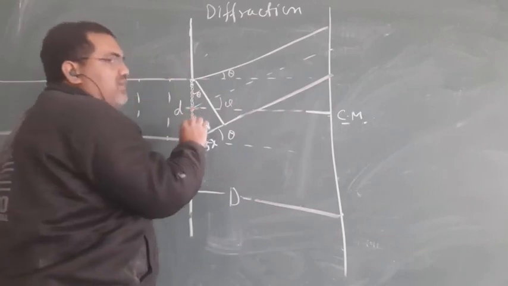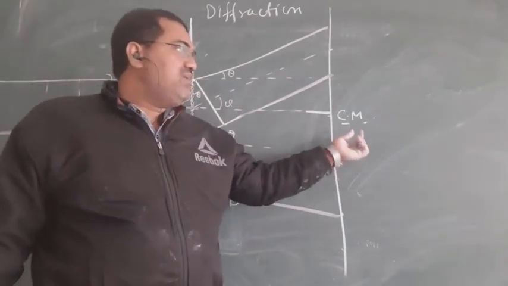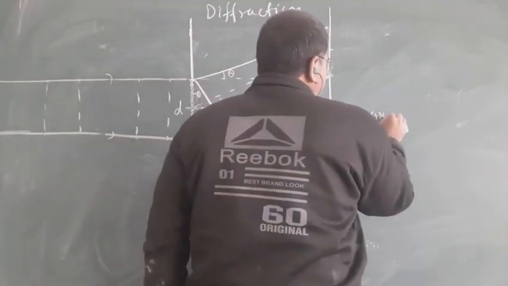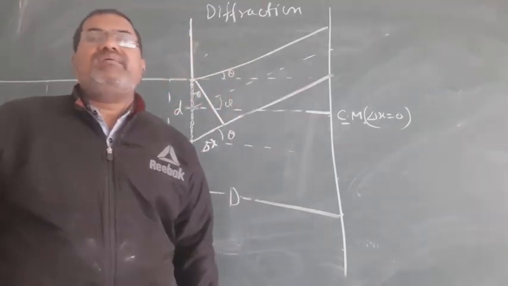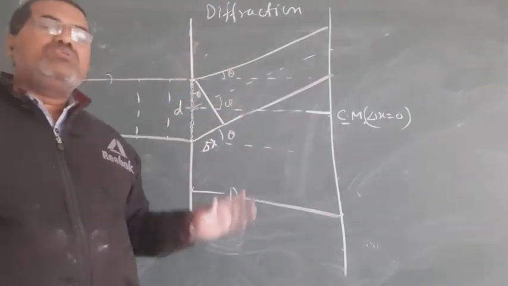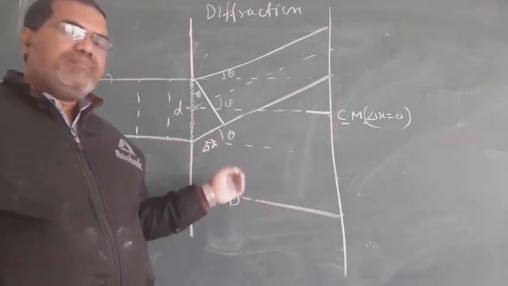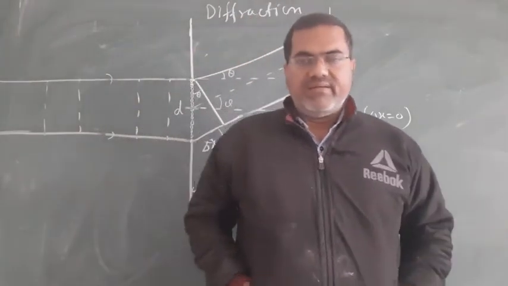So all the particles in the upper half and all the particles in the lower half will meet in the same phase at the center. So at the center there is a central maxima, that is delta x equal to 0. This is the condition for central maxima. So at the center, the path difference is 0 in the diffraction pattern also, as usual in the interference pattern.